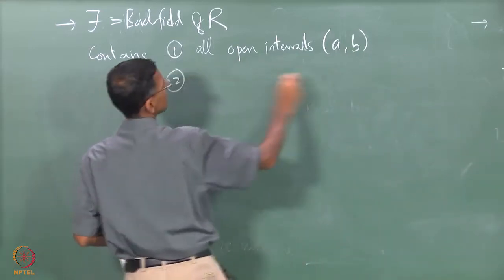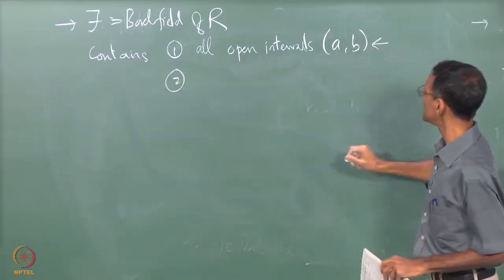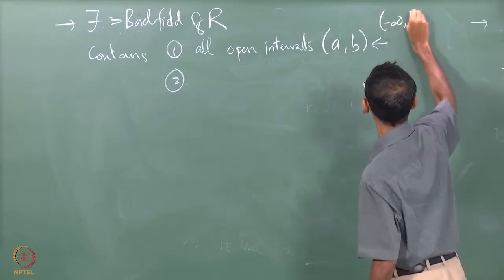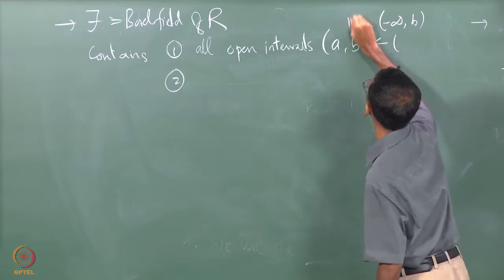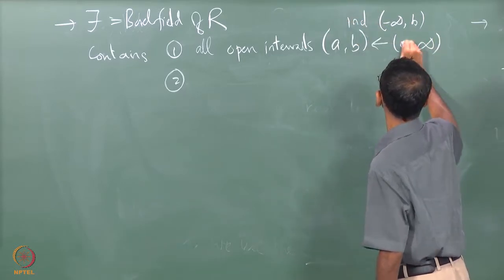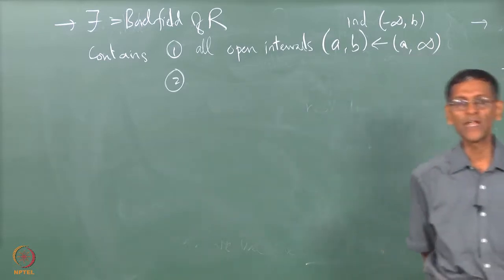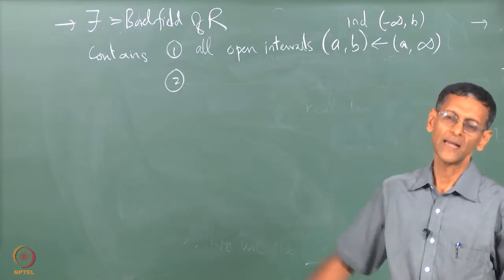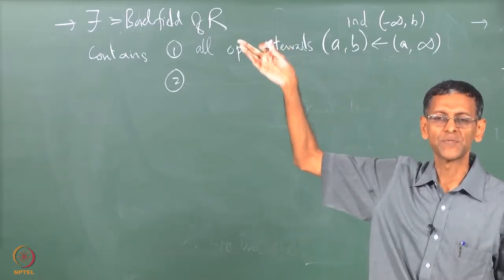Because when you look at infinity, it occurs only as an open interval. So this includes (minus infinity, B) and (A, infinity). So typically infinity occurs only as an open interval, not as a closed interval, because it's a concept in some sense in such intervals.